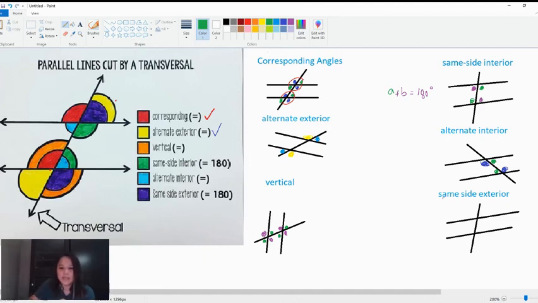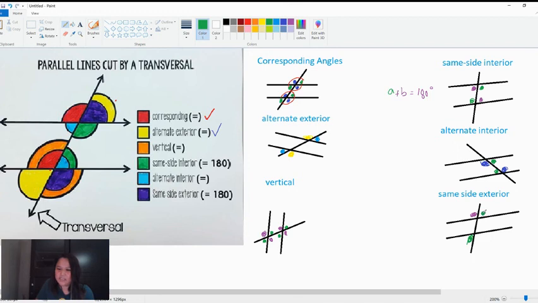So same side, that means it has to be on the same side of the transversal. So let's check the left side, but it's exterior. So same side, but exterior. And they're not equal, so I'm going to use two different colors to represent that. So that's same side, but exterior. Another example of that would be the right side of the transversal.